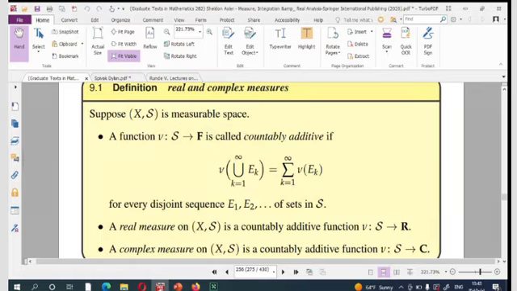Okay, if F equals R, this is a real measure, and if we put F equal to complex number, this is a complex measure. Okay, whenever this equality is valid.